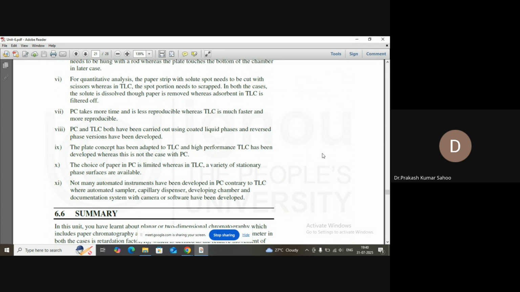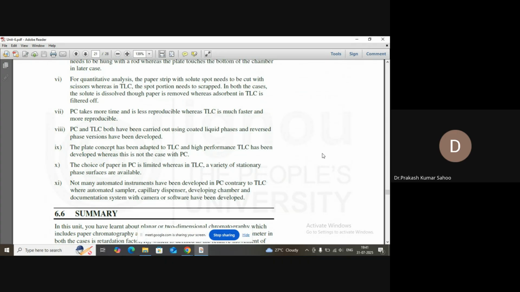These are very popular techniques which are very much used by research students and postgraduate level students in different universities and IITs to separate the different components of their prepared organic samples.